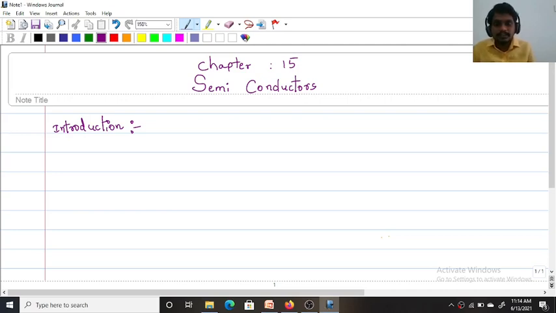Okay, so in this chapter on semiconductors we will talk about electrical conductivities. We all know that metals are good conductors.